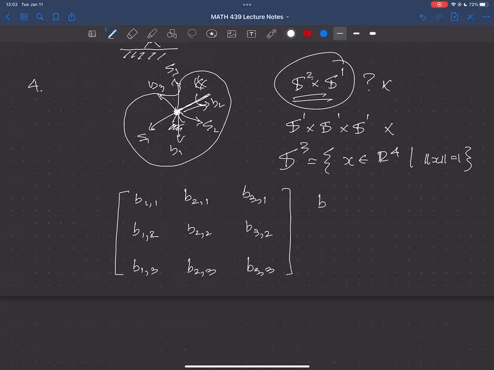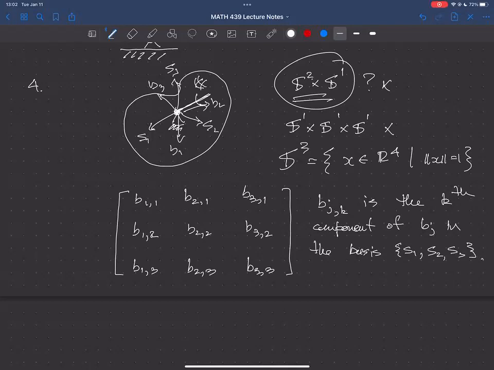Okay, and Bjk is the kth component of the vector Bj in the basis S1, S2, S3.